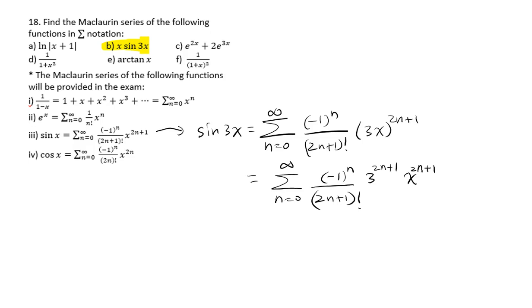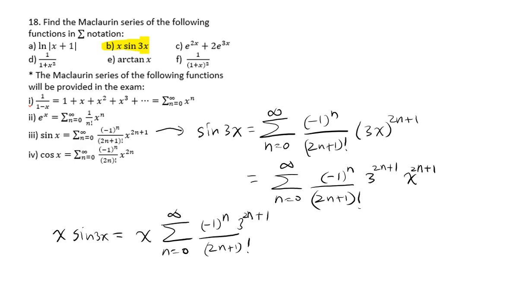So you have to write it like this, and then since you have just x multiplied, x times sine 3x would mean x times sigma n equals 0 to infinity of negative 1 to the n over 2n plus 1 factorial, times 3 to the 2n plus 1, x to the 2n plus 1.